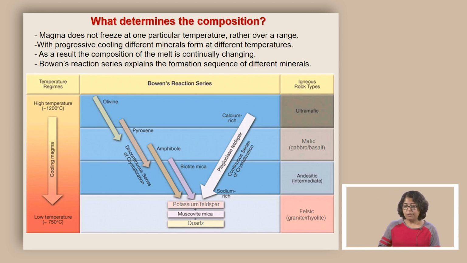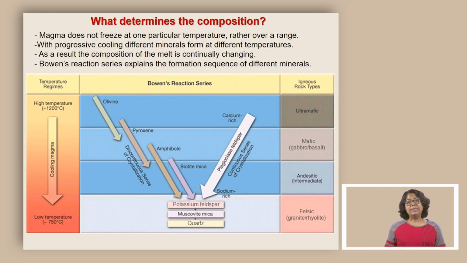So, if you look at a magma rising from the deep interior and reaching towards the surface, over time it will keep on crystallizing minerals such as olivine, pyroxene, amphibole, biotite, potassium feldspar, muscovite and eventually quartz in a progressive fashion.